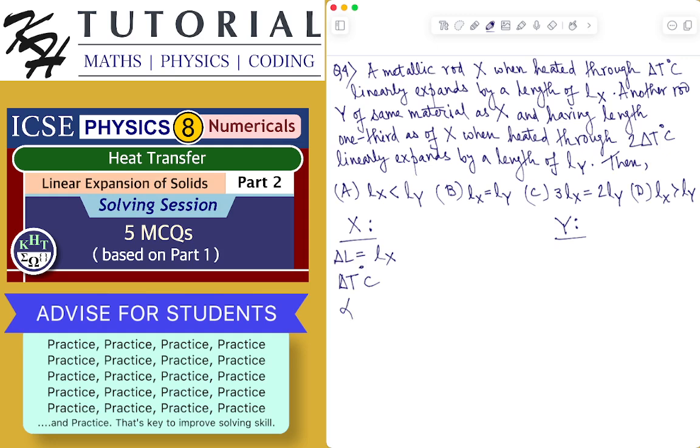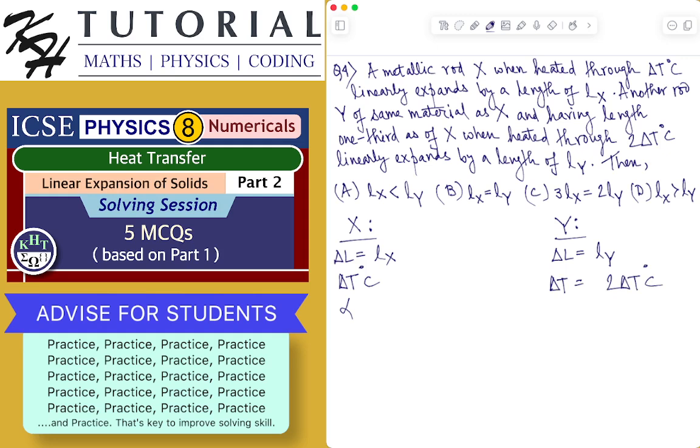Now for the rod Y, the increase in length delta L is given to be Ly, and delta T is twice of delta T degree Celsius.